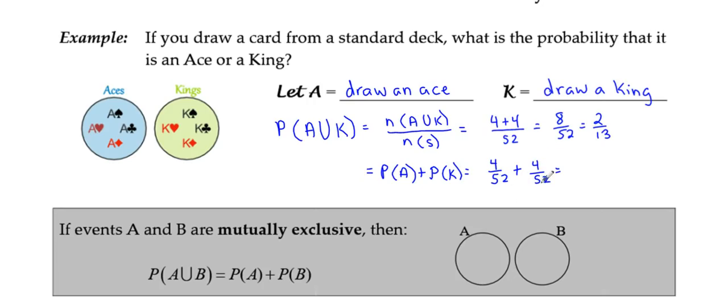And when you add fractions, you keep the denominators the same, you just add numerators. So that's still going to give you 8 out of 52, which is 2 over 13. So just pretty much the same math, just 2 different ways of looking at how to approach the question.